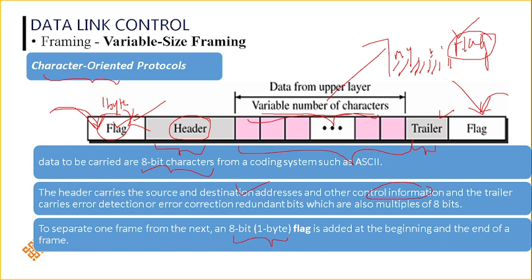Now, in order to avoid that, if your information contains characters like flag, then in order to skip that as the delimiter and consider it as original information, before that flag you need to add what is known as ESC, escape.